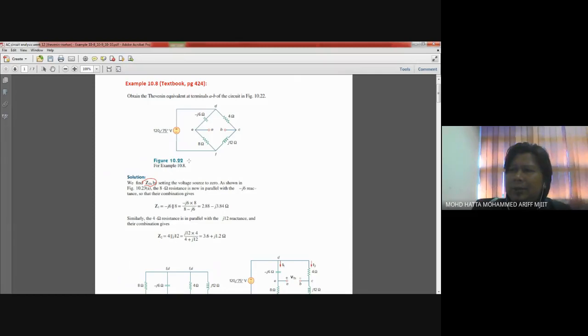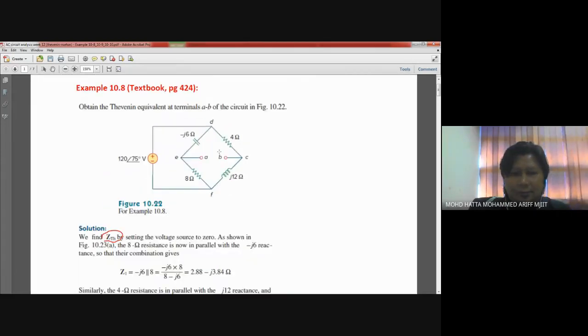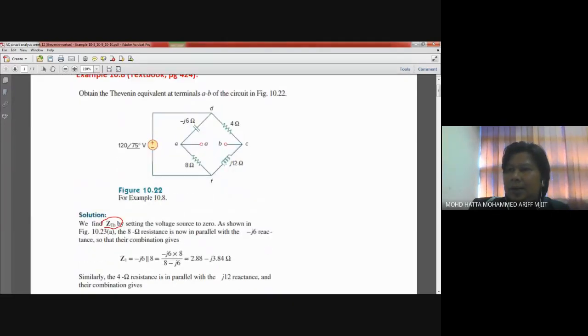And to get ZTH, there are steps in order for you to get the value of Thevenin impedance. Now, the first step you need to do is identify where the open terminal is. The open terminal according to the question is over here. We have denoted it by A and B. And for the voltage over here, you need to treat it as V equals 0.